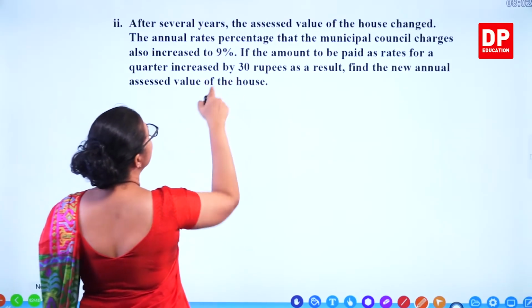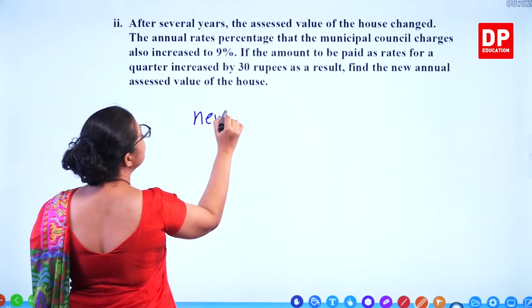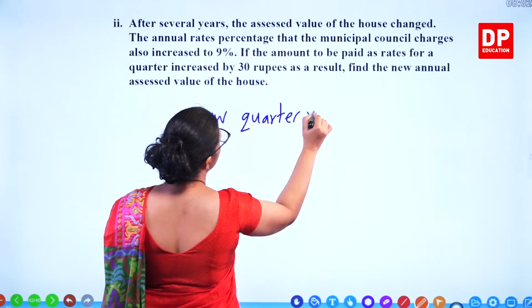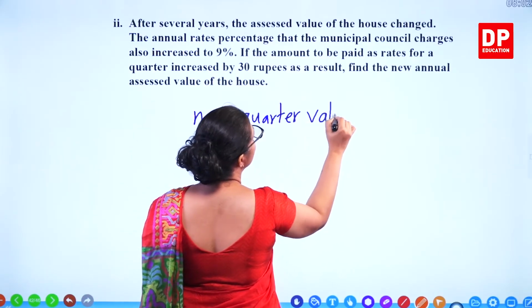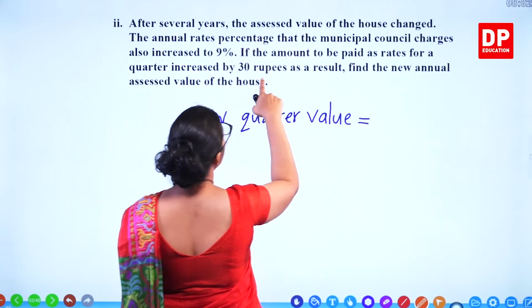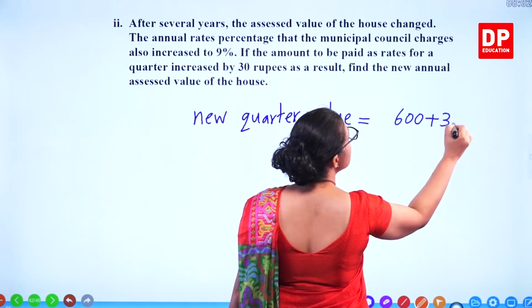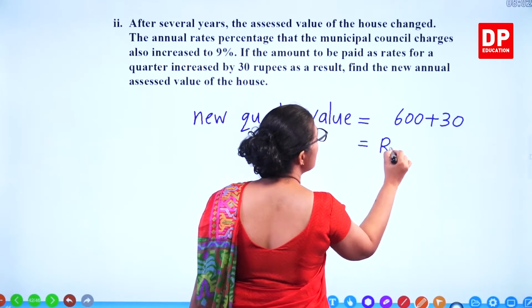So what's the new quarter value? Earlier 600. Now it's increased by 30 rupees. 600 plus 30, 630 rupees.